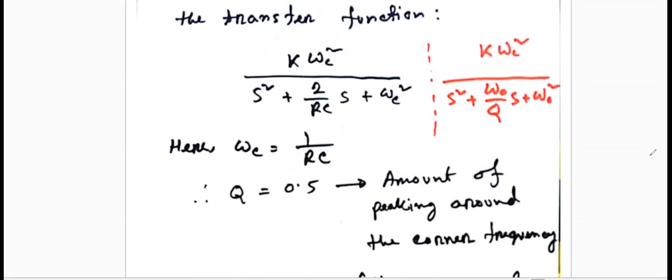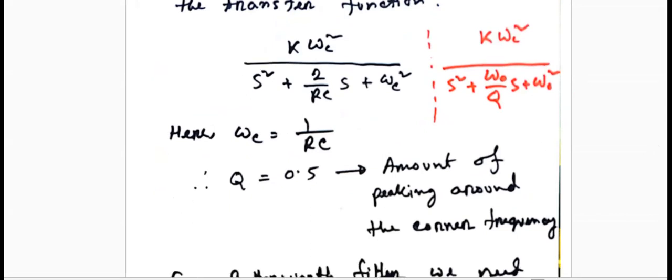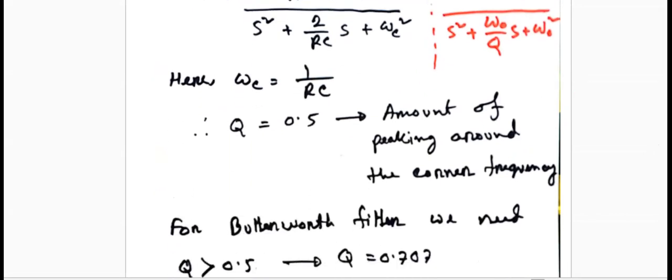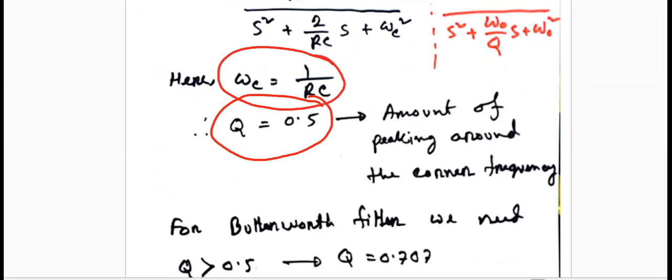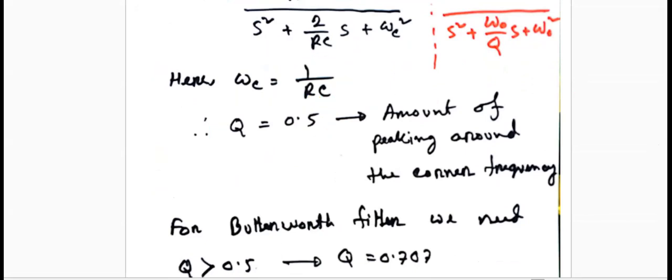Now that is the main issue: a conventional RLC circuit can only produce Q equals 0.5 if we want to fix the value of omega C at a particular point. It can't improve this quality factor from 0.5 to any other value.